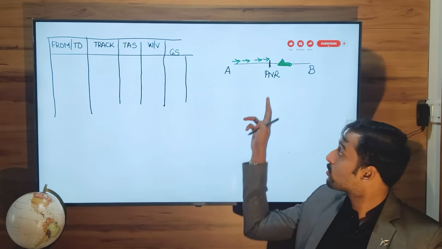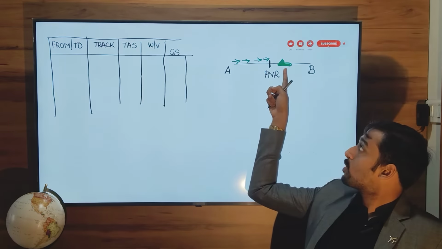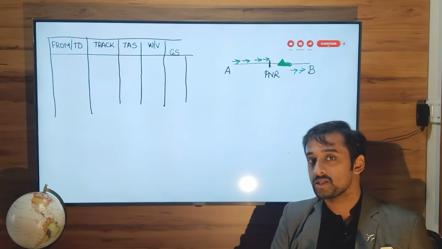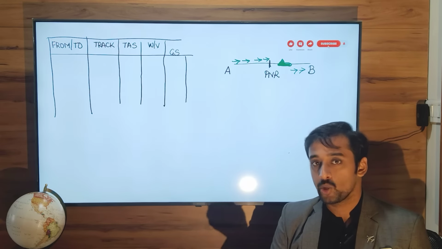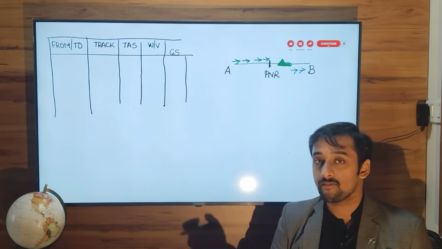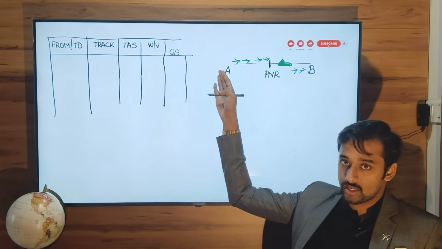Once you cross the point of no return and fly beyond it, you are bound to continue to your destination, Bravo. You cannot return, because if you decide to return, there will be insufficient fuel in your tanks to take you back to point A, your departure.